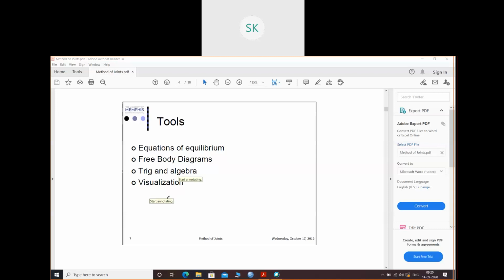You have to visualize where the load will be applied, how to do the analysis, and which point you will select. So basically 4 tools are needed: equations of equilibrium, free body diagram, trigonometry and algebra, and a little bit of visualization.